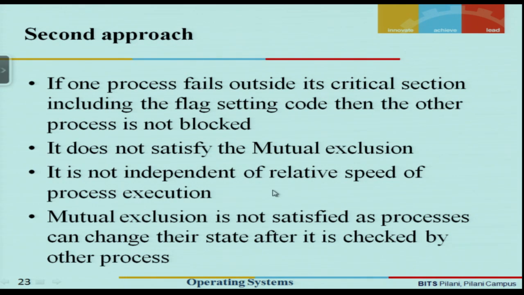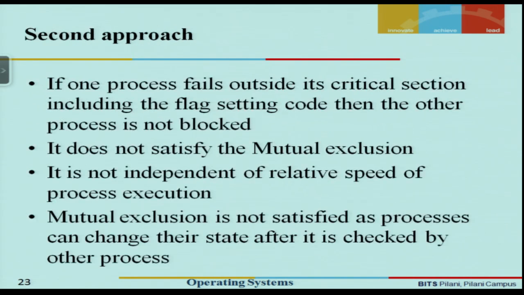Actually in this case what is happening is that the solution correctness is dependent on the relative execution speed of process execution. So that is another reason, and in the worst case we find that this particular solution doesn't satisfy mutual exclusion.